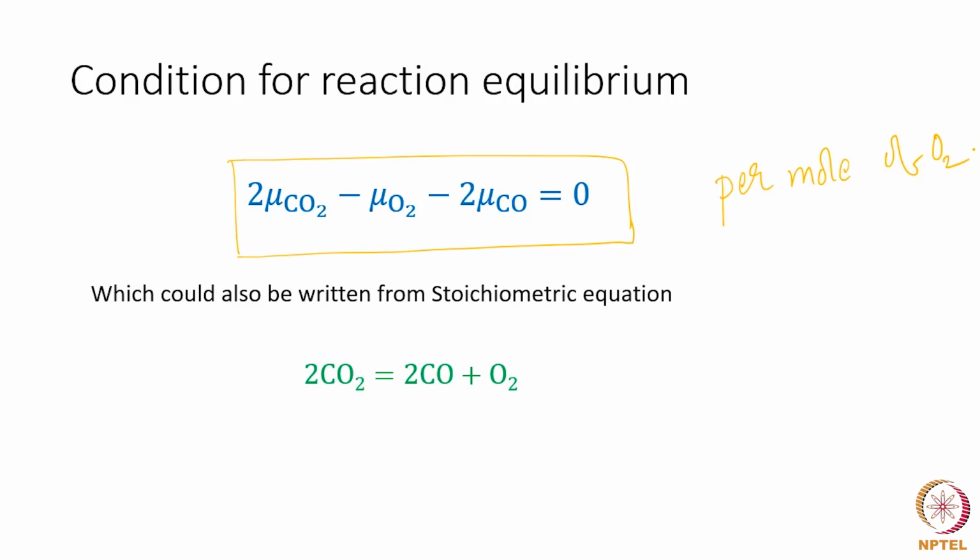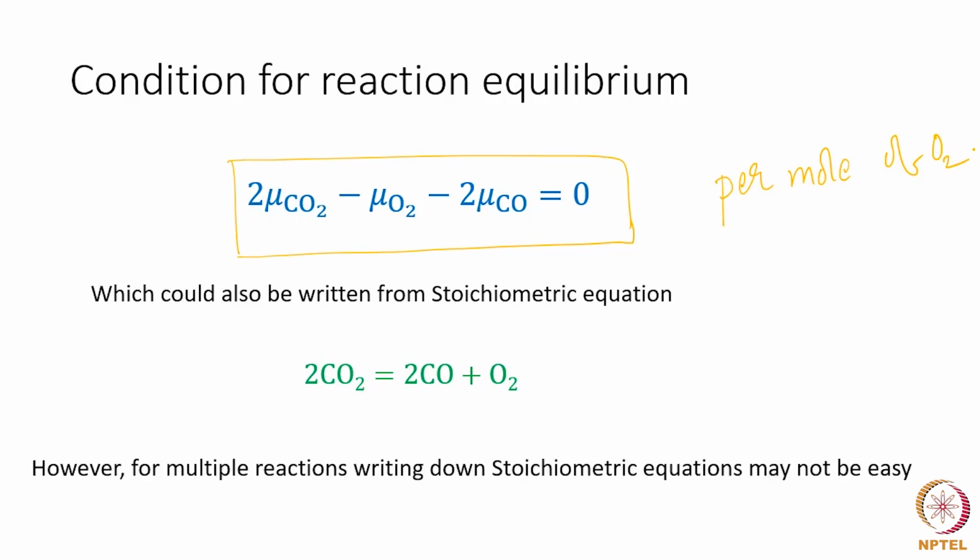We already know that. However, I am illustrating only a methodology here, and when we have a scenario where there are a lot of species and multiple reactions, then writing down stoichiometric equations may not be easy. However, the procedure that is outlined here will usually work.